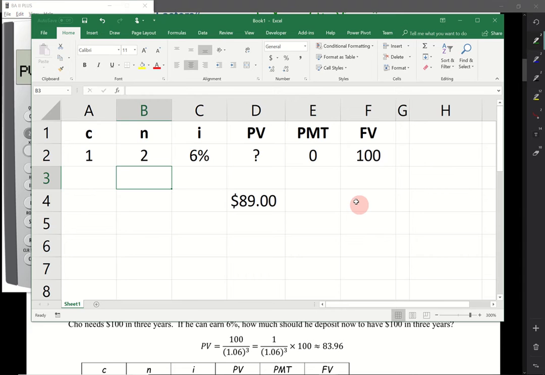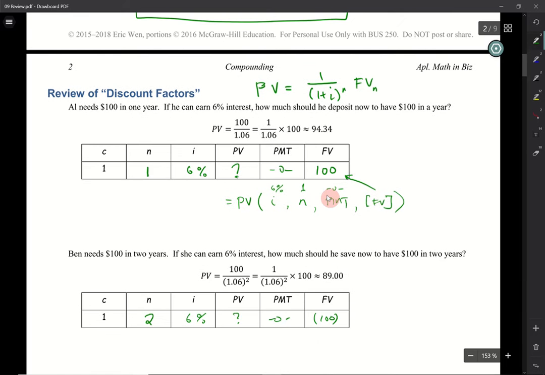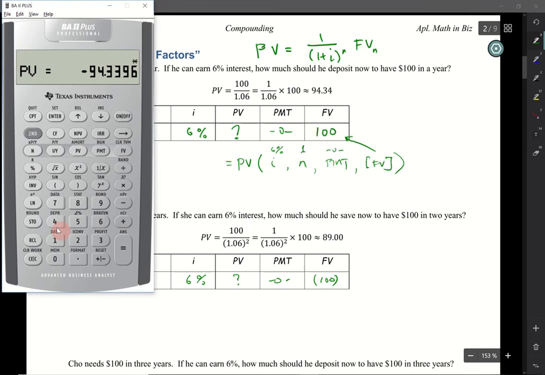Oh, oops, $94.34, right? And now we'll do the second case where n is equal to 2, right? So we can just do 2 and put that in n, and then when we do compute the present value, we get the $89, right, and 99.96 cents, and so we round that up to 89.00.